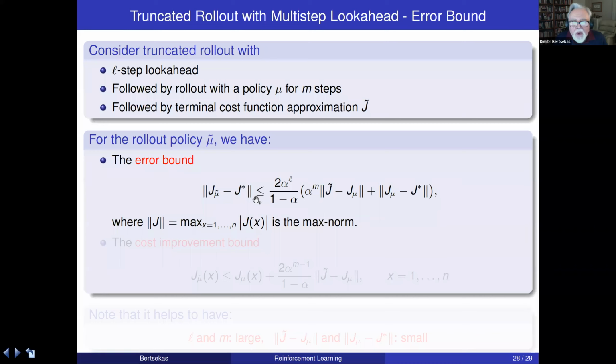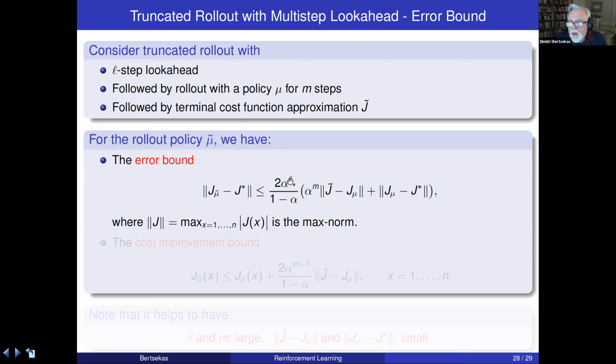Okay, so what does the left-hand side here involve? This denotes the maximum norm. So this is the maximum difference between J mu tilde of x and J star of x, maximum over all states. The maximum norm is a legitimate measure of error between the performance of the rollout policy and the optimum. And this satisfies the following inequality that involves L, the number of steps for lookahead.